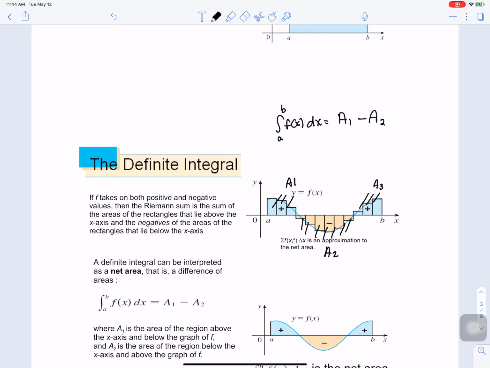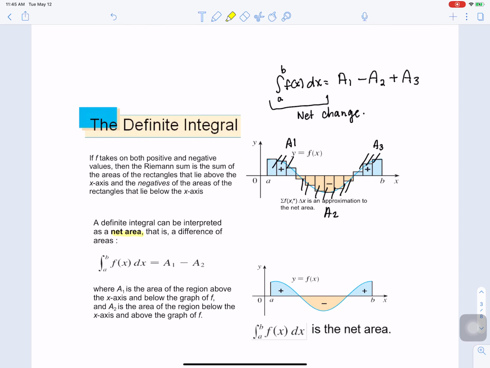And then this stuff in blue is above the curve again, so I'm going to add it on. So when we do this integral, we're always doing a net change, okay, or a net area. So that means that stuff that sits above the x-axis, you add on that area. Stuff that sits below the x-axis, you subtract that area.